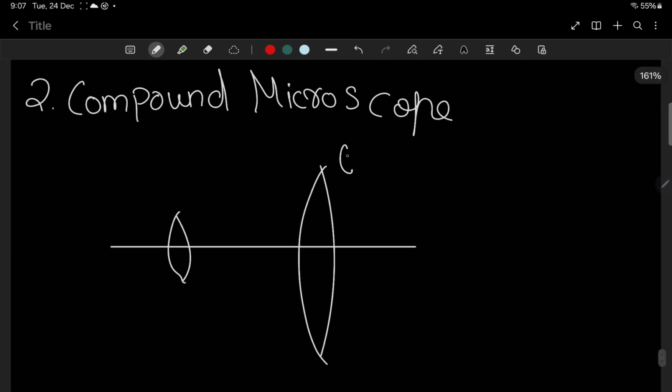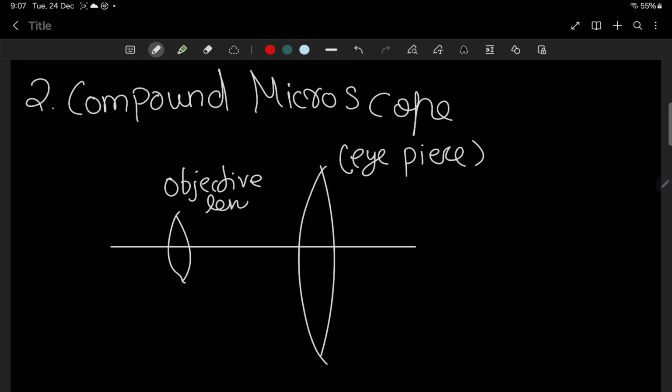This big lens is called the eyepiece, and the small lens is called the objective lens. In this, you have to understand that the object is here, and it's a very small object.